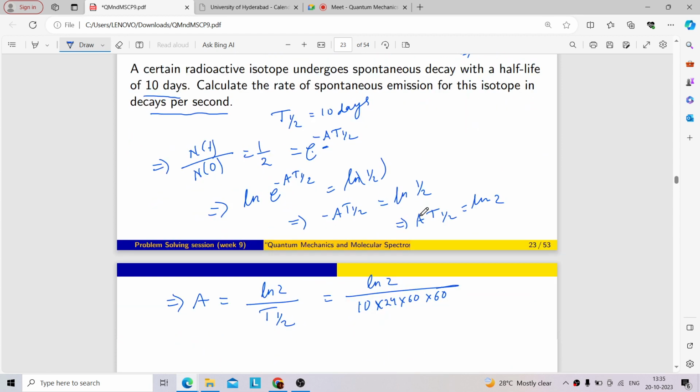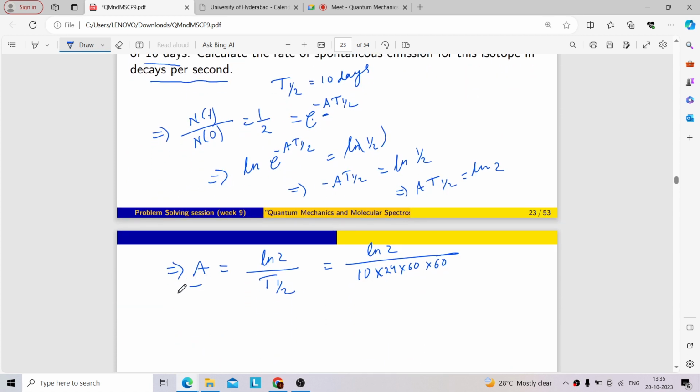Now if you put this in your calculator, this will give you 8.022 times 10 to the minus 7 per second.